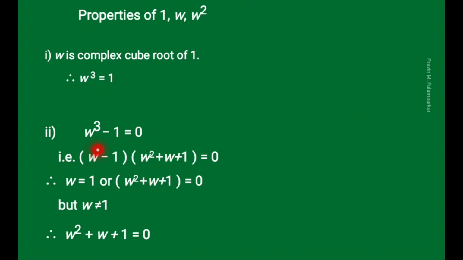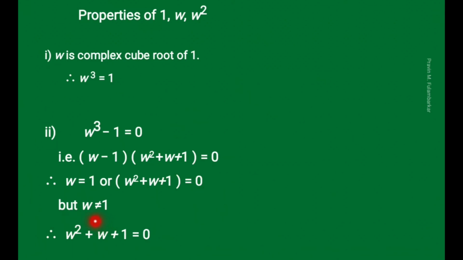Now second property, omega cube minus 1 equals 0. So we apply the formula a cube minus b cube here. So we write this as omega cube minus 1 cube. So we write here (omega minus 1) into (omega square plus omega plus 1) equals 0. So omega minus 1 equals 0, which is omega equals 1, or omega square plus omega plus 1 equals 0.